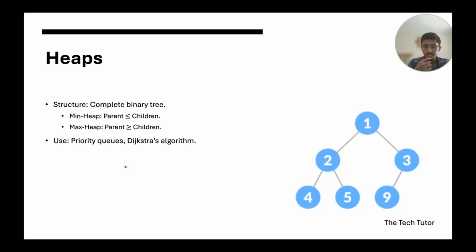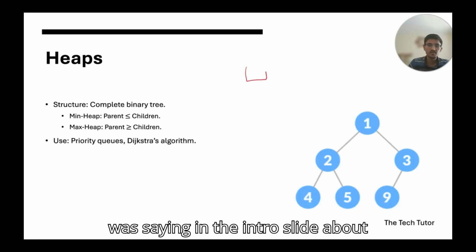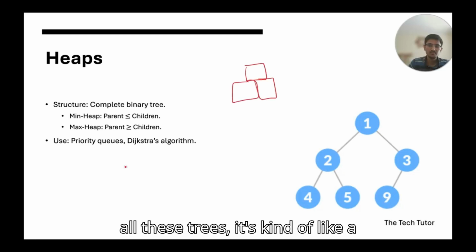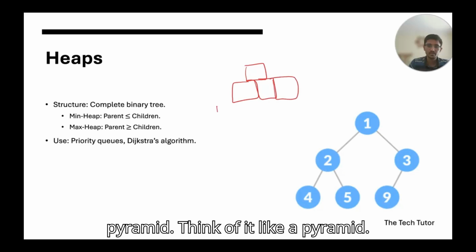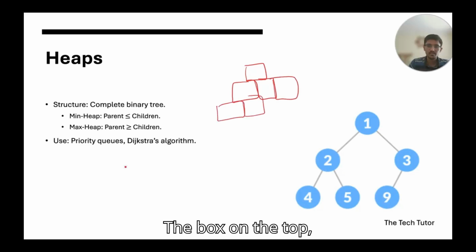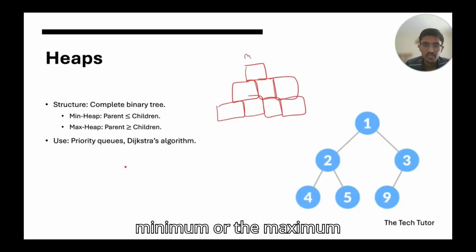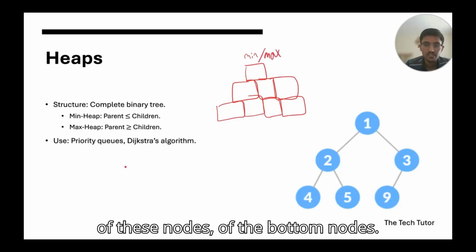Now let's talk about heaps. As I was saying in the intro slide about data structures, about all these trees, a heap is kind of like a pyramid. Think of it like a pyramid. The box on the top is always going to be either the minimum or the maximum of the bottom nodes.